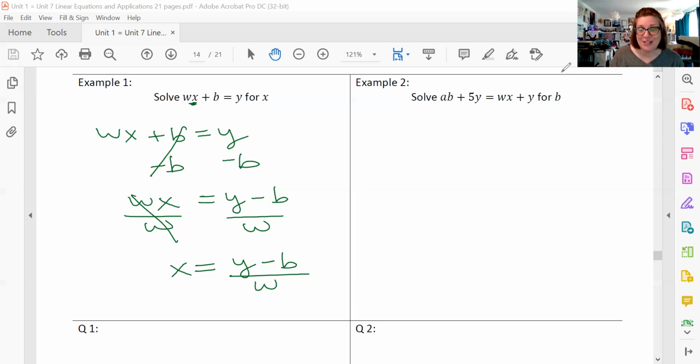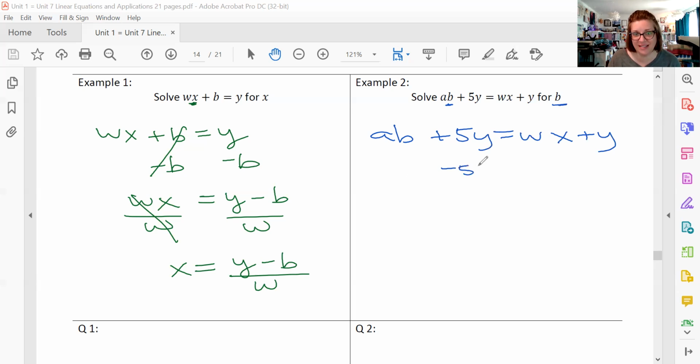Let's look at this one. Solve ab plus 5y equals wx plus y, and I want to solve for b. Let me rewrite it here. So again, I'm trying to get everything away from where that b is so that the b will be by itself.